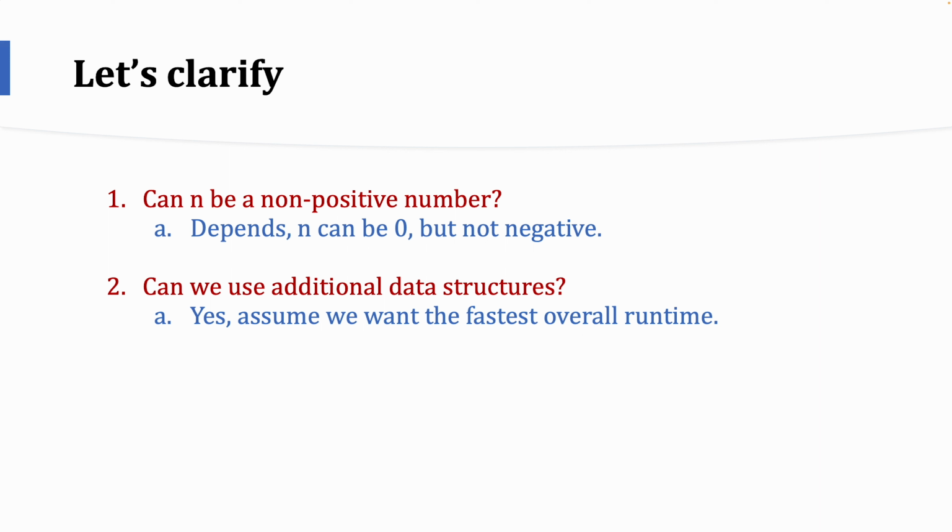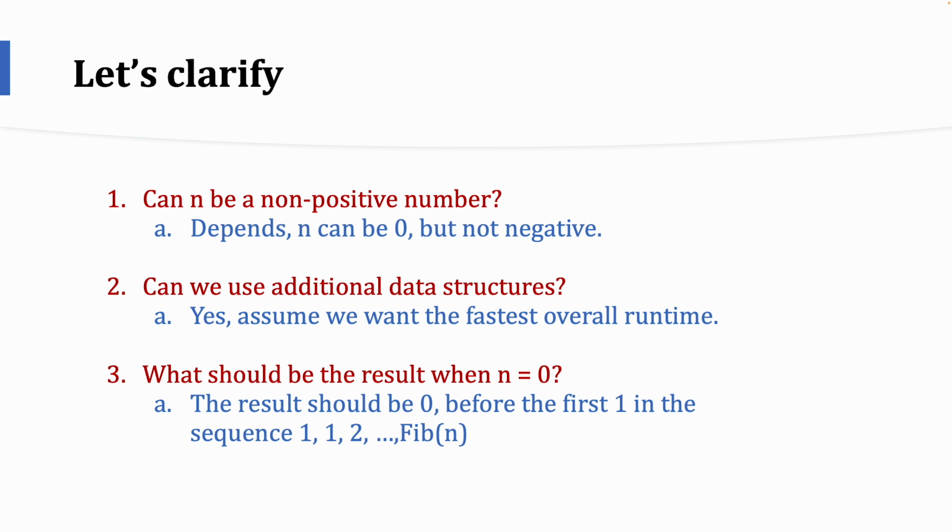And one last question here might be, what should be the result when n is equal to 0? As I just showed you the Fibonacci sequence, the first element is 0, the second element is 1, and then afterward it's the sum of the previous two. Therefore, for n equal to 0, the output should also be 0.